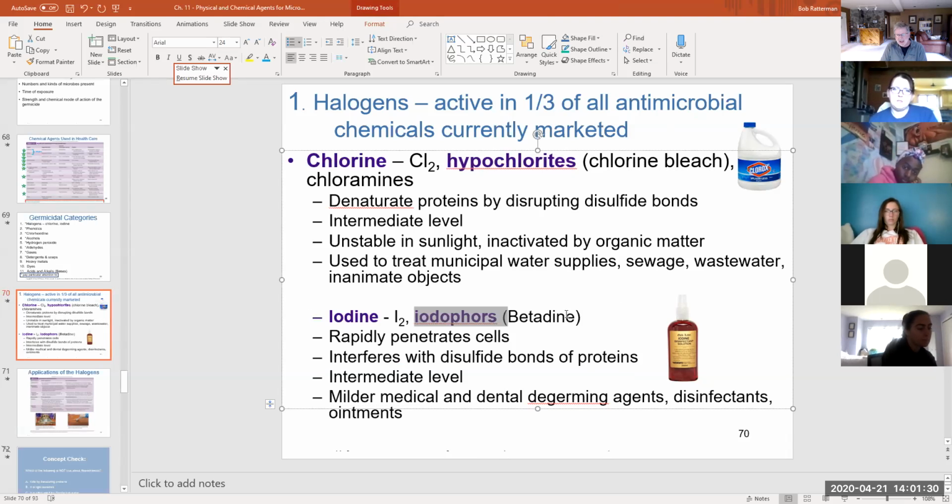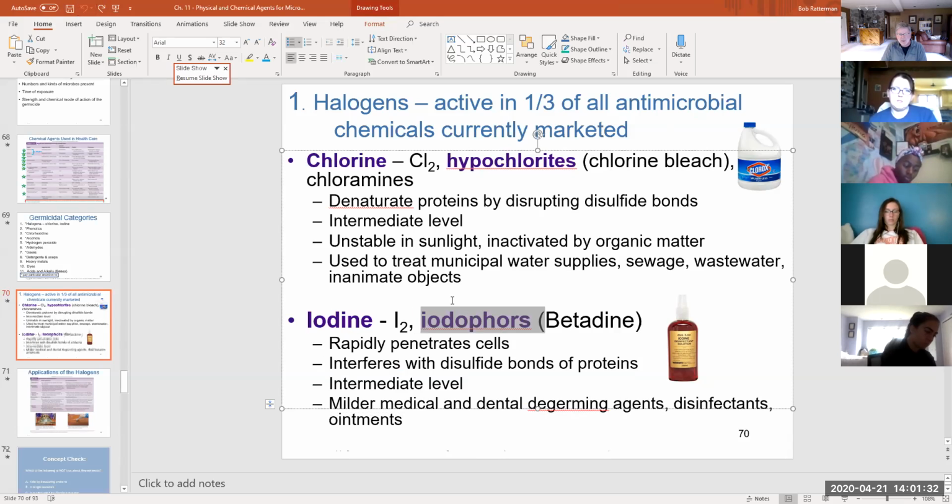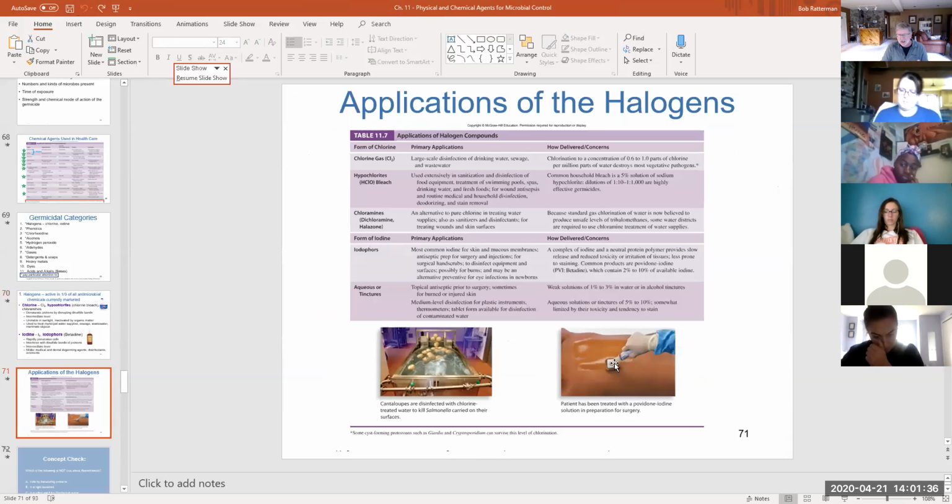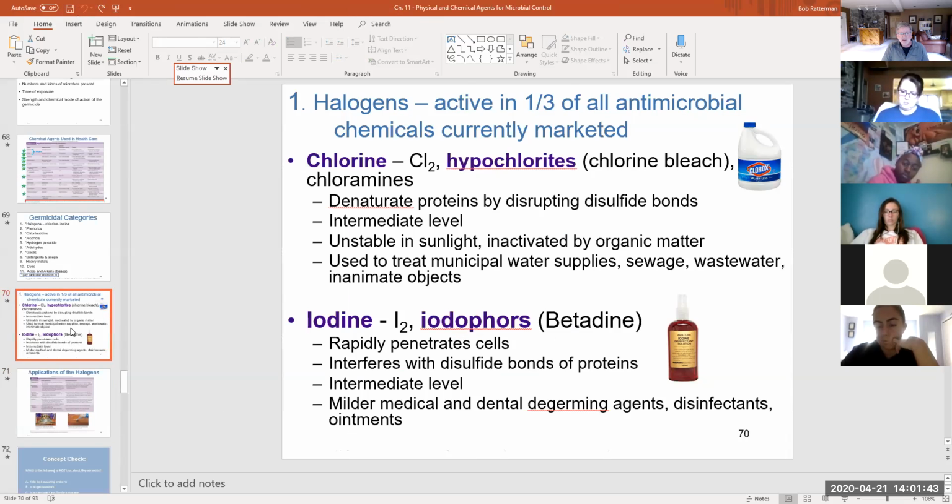But betadine, a lot of you are familiar with maybe if you worked at the hospital, is a topical material that they often put on skin before they do a surgery. So it's a well-known antimicrobial. It's been in existence since the Civil War, iodine.